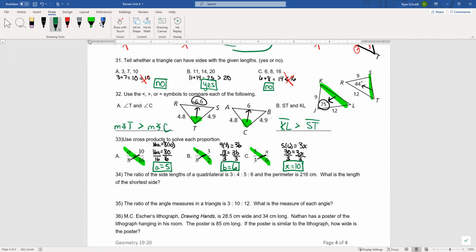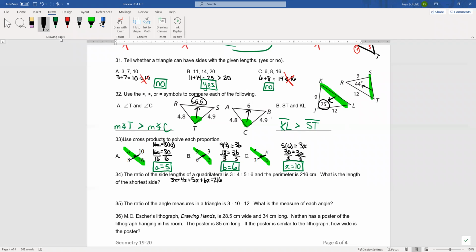Okay, 34. The ratio of side lengths of a quadrilateral is 3 to 4 to 5 to 6, and the perimeter is 216 centimeters. What's the length of the shortest side? Well, let's first figure out what our constant is that we're multiplying by each time. So we'll say 3x plus 4x plus 5x plus 6x equals 216.